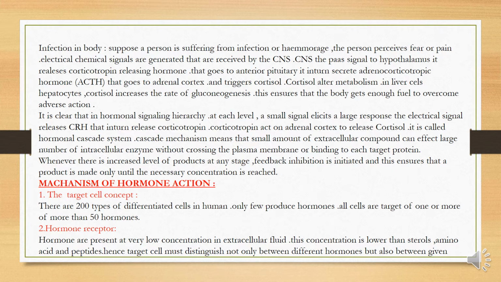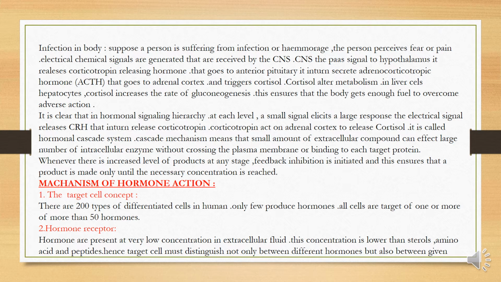Cascade mechanism means that a small amount of extracellular compound can affect a large number of intracellular enzymes without crossing the plasma membrane or binding to each target protein. Whenever there is an increased level of products at any stage, feedback inhibition is initiated, and this ensures that the product is made only until the necessary concentration is reached.